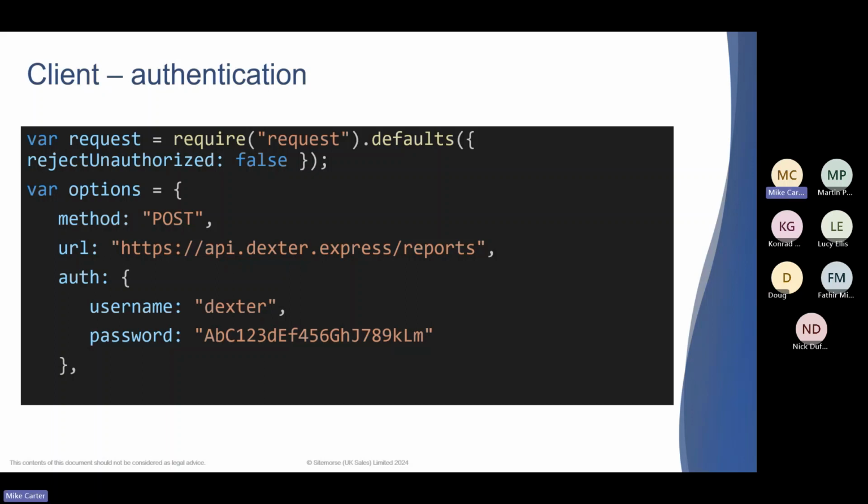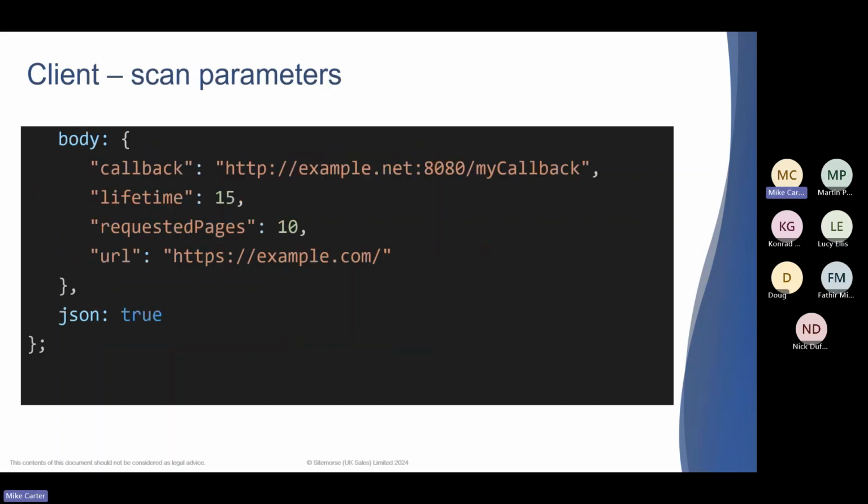In the next part of the options that we're posting on there, there's a body. And this is the interesting bit, because this is where you add any special configuration that you need to put in there. But as a bare minimum, you need to tell us the callback URL. As you can see, that's my little callback server sitting there on port 8080.